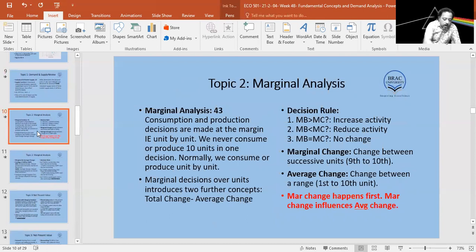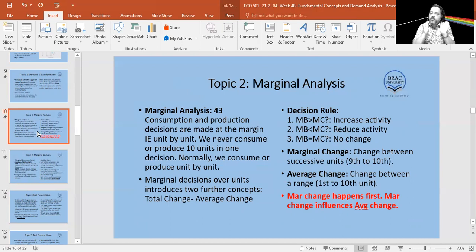Okay, marginal analysis, we have already discussed it. And we said that we take decisions at the margin. In the previous part we've discussed. So we don't produce 10 units in one shot. What we do, we produce 0 to 1, 1 to 2, 2 to 3, 3 to 4, etc. Now, 0 to 1 does not mean we are producing only one unit. 0 to 1 may mean 10,000 bottles.